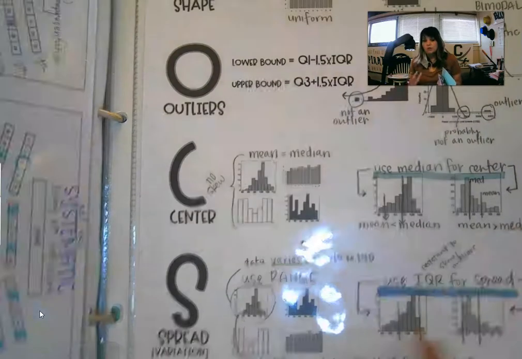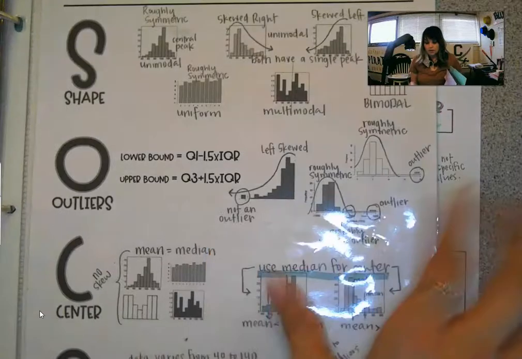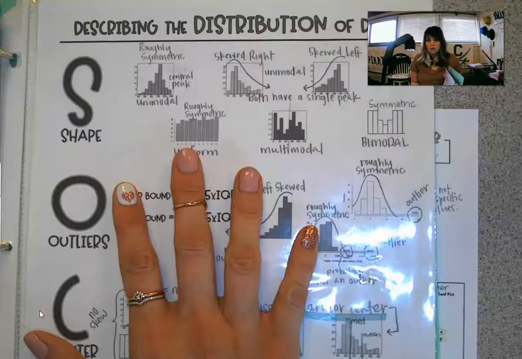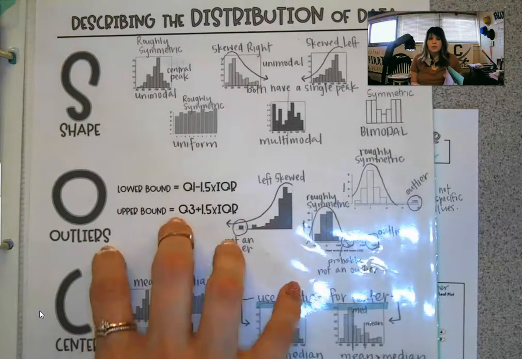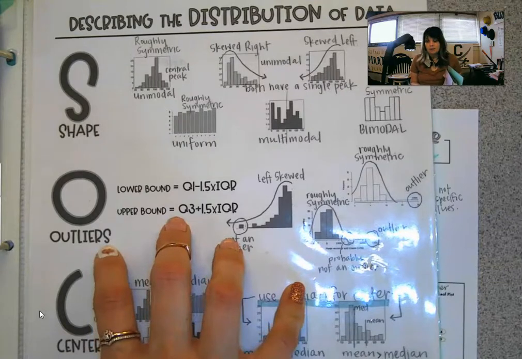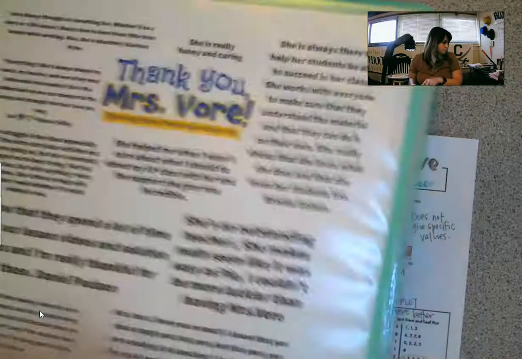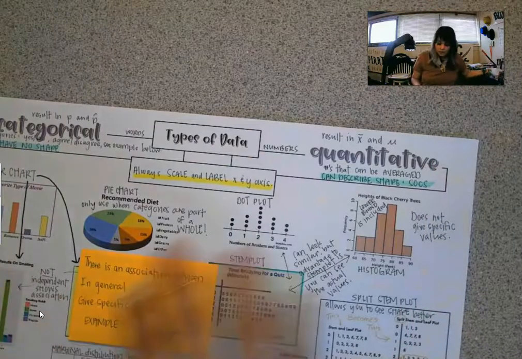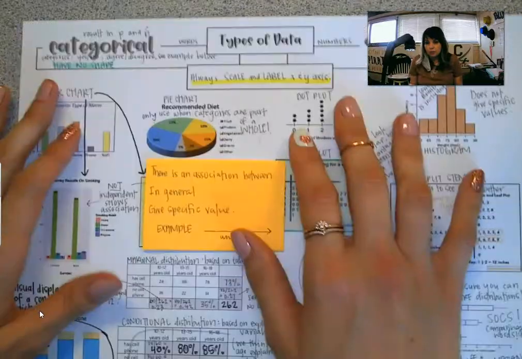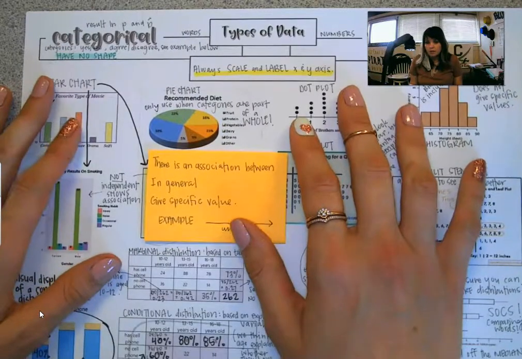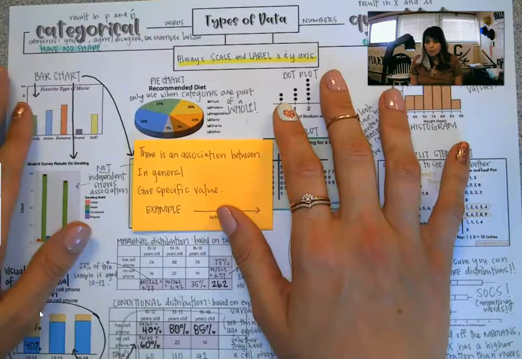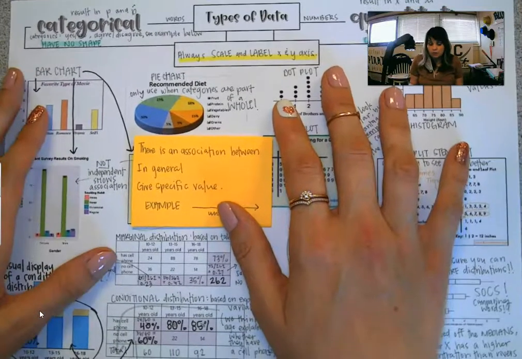So, along with this overview I'm about to go through, you want to keep in mind that you have this paper on describing the distribution of data. I'm not going to talk too much on this overview. I want you to be able to take from it what you need, but not be stuck with me forever.